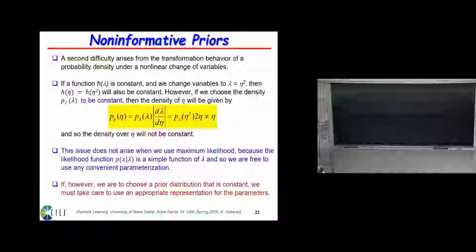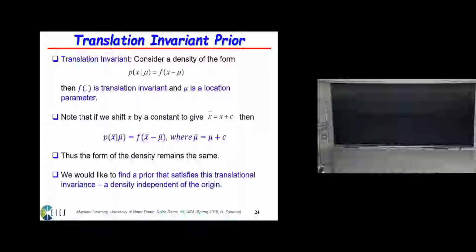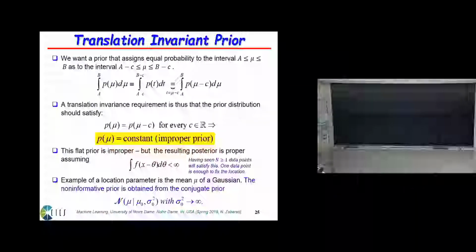This is a summary of the change of coordinates, if you like, in the parameterization of these priors. We introduced the translation invariant prior that is used mostly to describe the mean of distributions, and it is a uniform distribution, right? It's a constant.